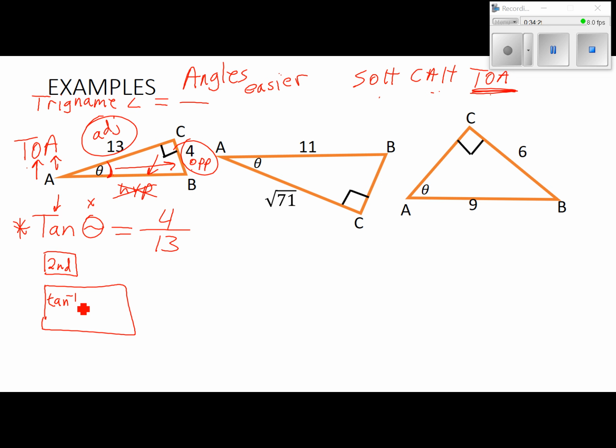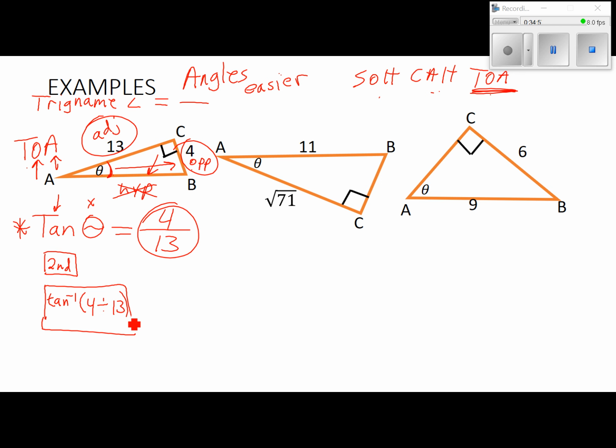It's telling the calculator that we don't know the angle, and we're trying to find it this time, instead of the fact that we know the angle and we want it to tell us the sine, cosine, or tangent. So it says tangent -1, and it's got a parenthesis on most of the calculators. And all you do is you type in 4 divided by 13, close the parenthesis.